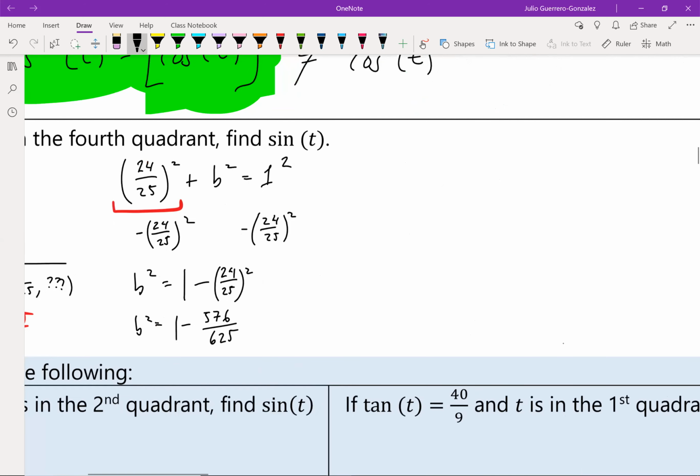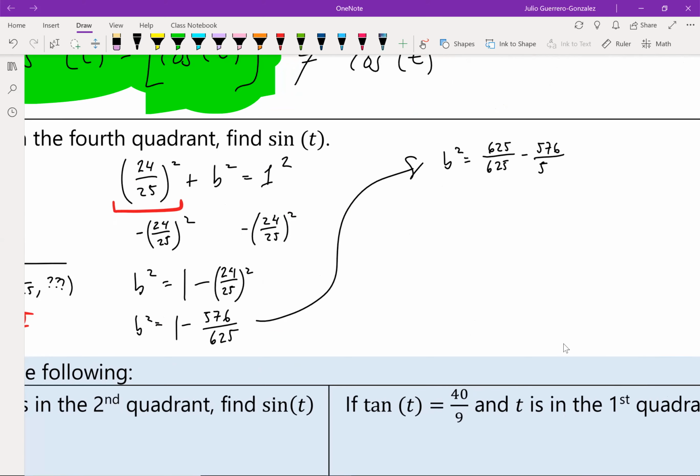So let's continue it on over here. b squared is, now I'm going to do common denominators, 625 over 625 minus 576 over 625.